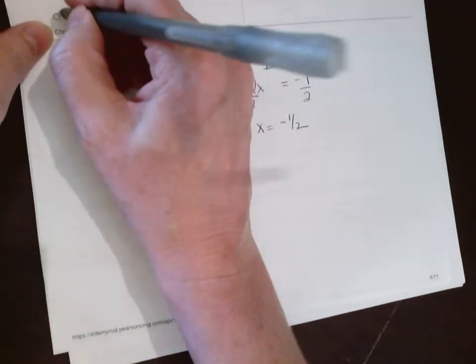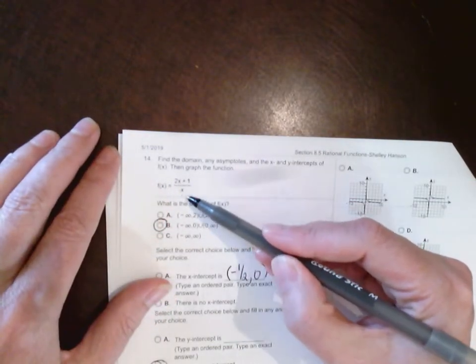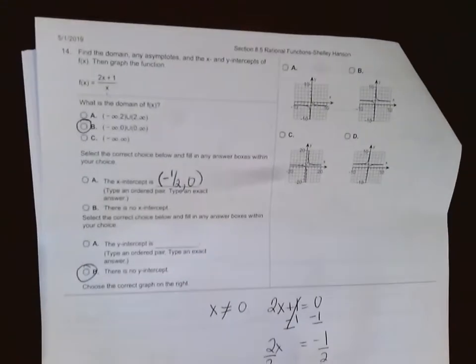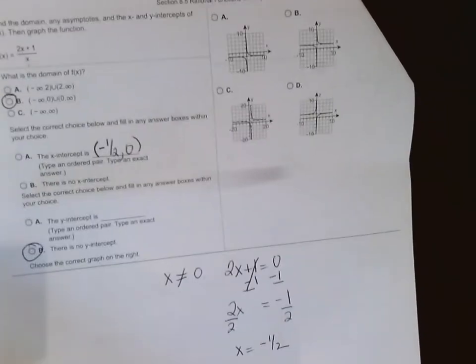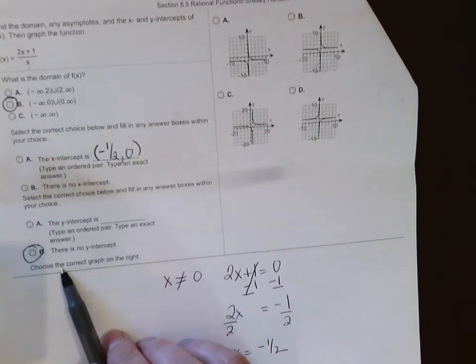It does not cross the y-axis, because when you plug in zeros for x's, it turned the denominator into 0, which just means there is no y-intercept. That means it's not going to cross the y-axis.